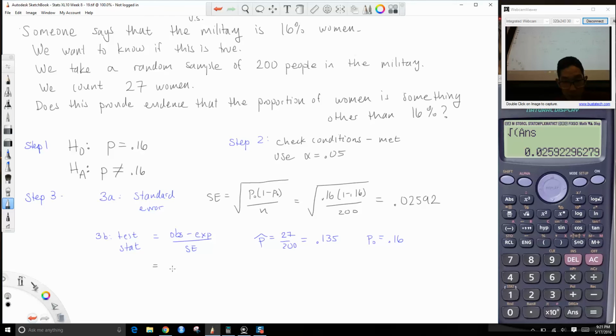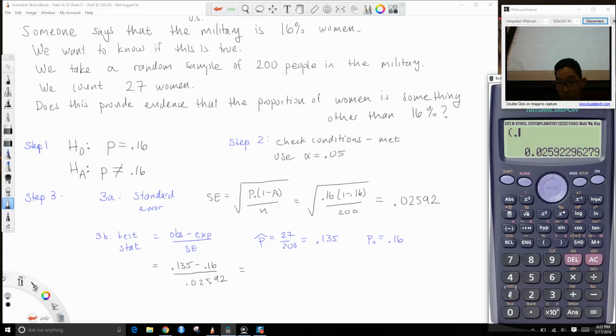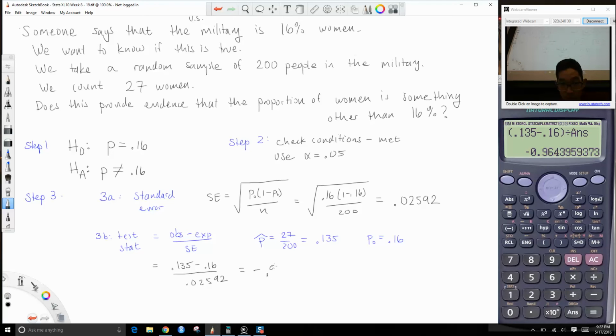So we have 0.135 minus 0.16 divided by our standard error, 0.02592. What do we get? I get negative 0.96. This is my test statistic. Is this okay? So my test statistic is negative 0.96.